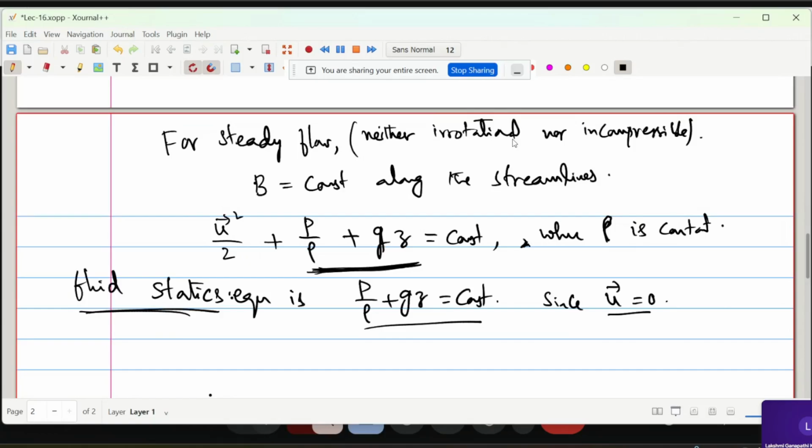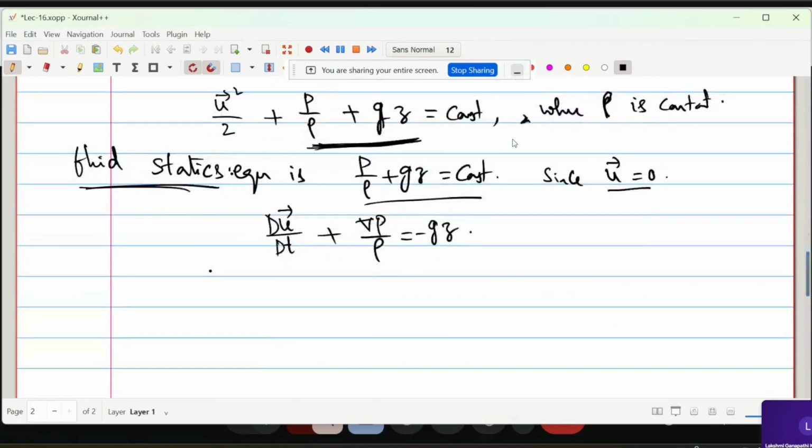Your momentum equation is what? Capital Du by Dt, right? So what is the momentum equation? Capital Du by Dt plus grad p by rho equal to, of course, this external force, that is gz minus gz. Okay, that's the right hand side.